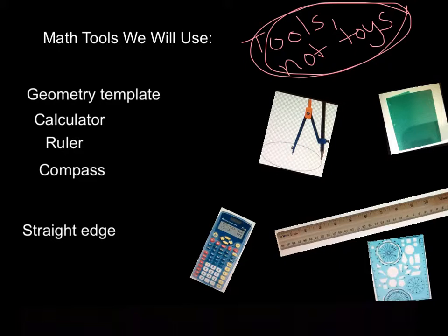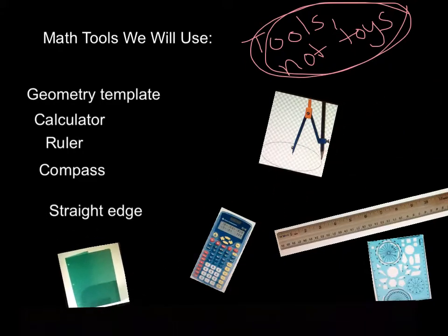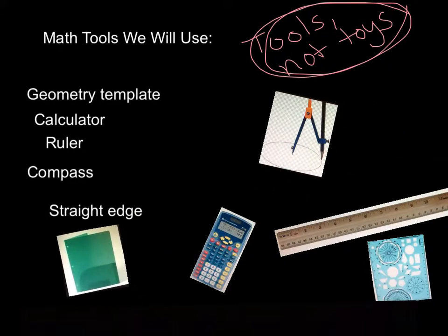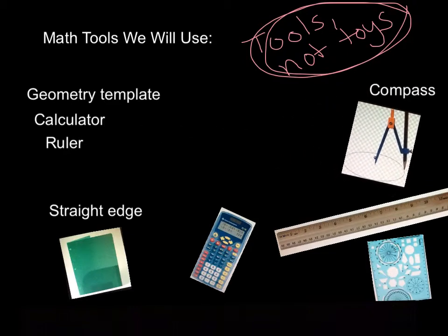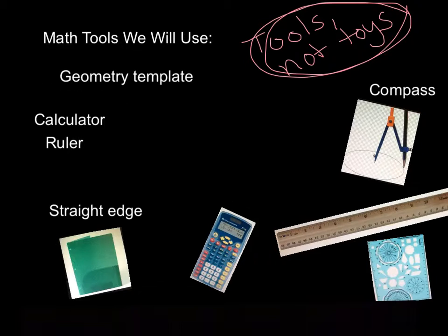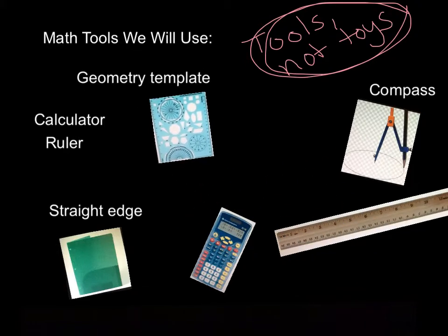The straight edge could be the edge of a folder. So if we need to draw a straight line, we can use the edge of a folder or the edge of a math journal, anything that is straight. That's called a straight edge. A compass we used when we made our compass projects. It makes circles. The geometry template has a lot of different shapes.